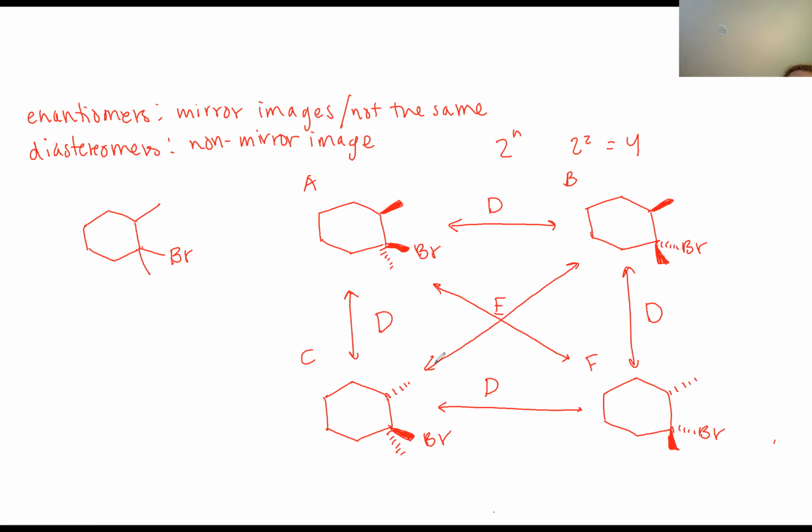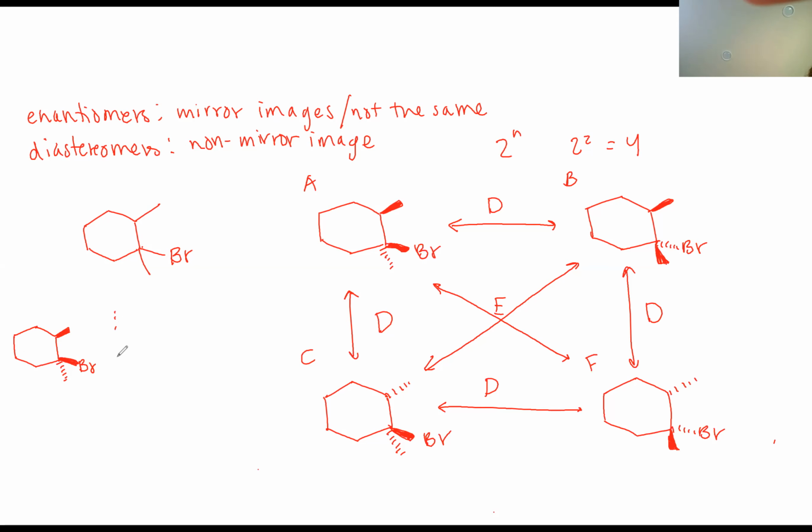So one way of looking at enantiomers is mirror images. The other way of looking at it is changing all of the stereocenters. So remember that enantiomers can be drawn out a couple different ways. So I'm going to draw compound A. One way to draw the enantiomer of compound A would be the way that we drew F, where you just flip everything.